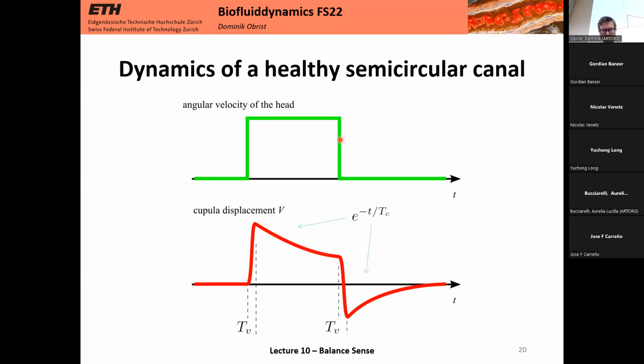And when the deceleration comes, there's an overshoot to the opposite side. Why? Well, the deceleration will lead to a shift in the cupola position by as much as we decelerate, but because it has relaxed before, it will be shifted to the opposite side by the same amount. And again, it will take some time to relax.